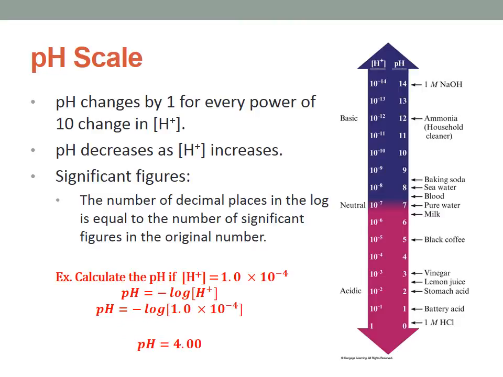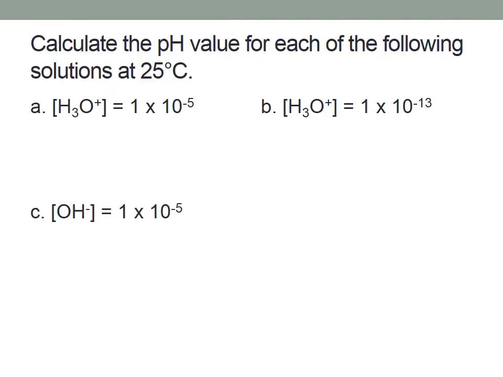Since we had 2 significant figures, we need 2 decimal places in our log number. Again, the number of decimal places in the log number is equal to the number of significant figures from the original number.